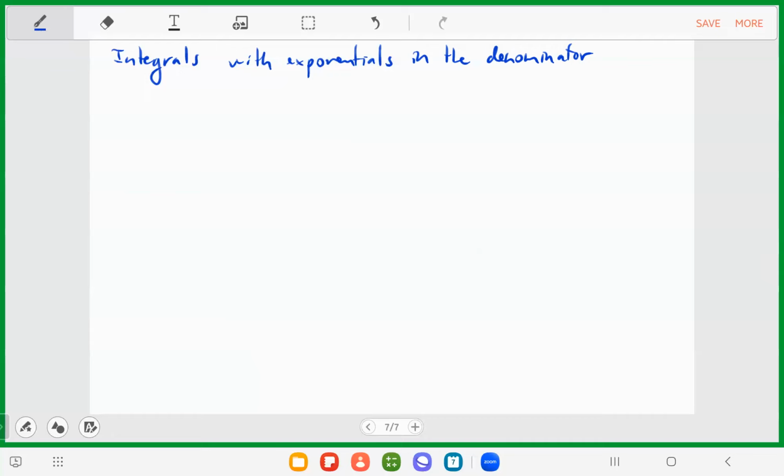Now, the problem with that is that there are always infinitely many values that make the exponential equal to something. So the denominator will be 0 in an infinitely large number of singularities. So the contour has to be chosen carefully.